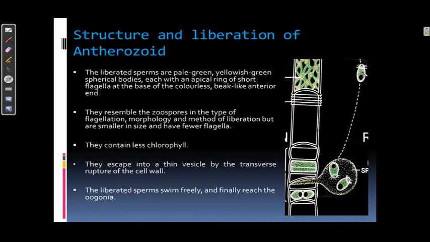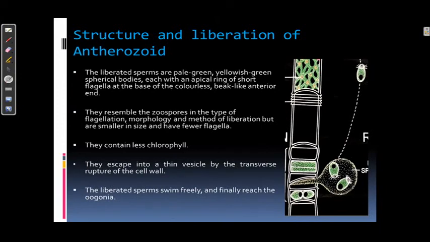Zoospores are the spores which are produced during asexual reproduction. So antherozoids resemble the zoospores in the type of flagellation, morphology, as well as in the mode of liberation. But they are smaller in size, they have fewer flagella, and they contain less chlorophyll.